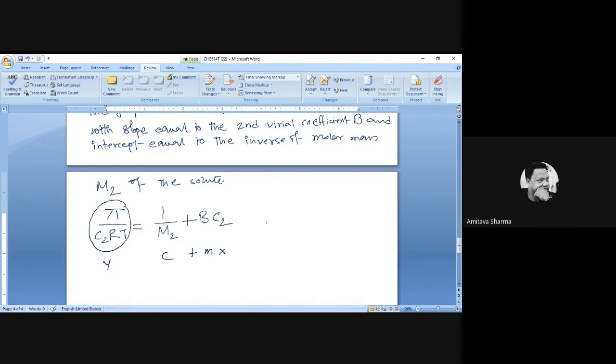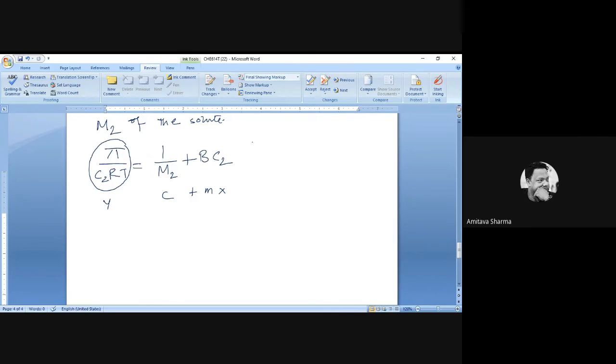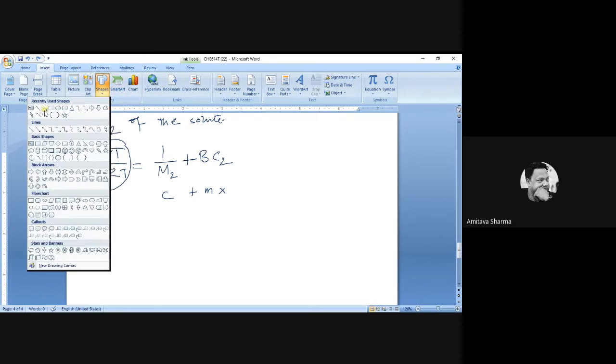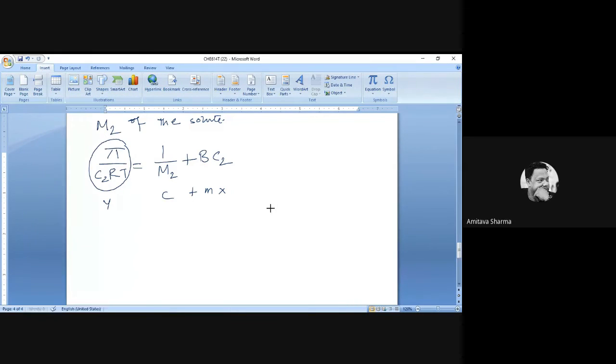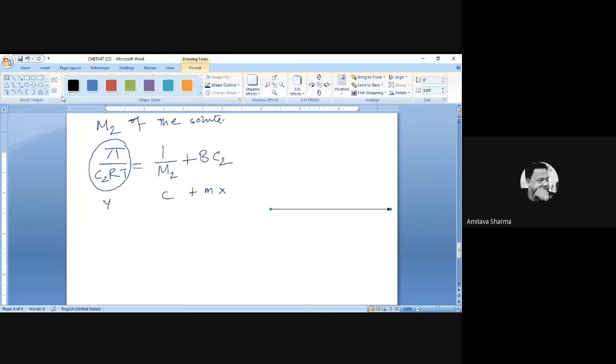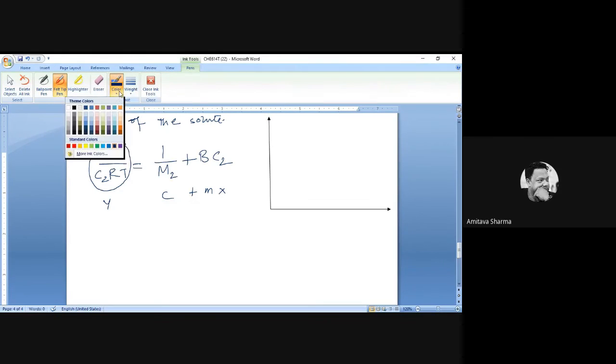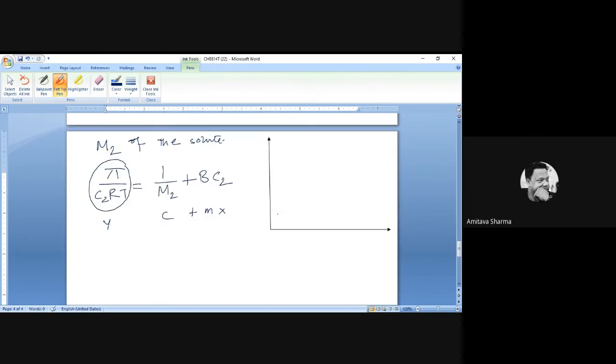So if I plot a curve, just a minute. This is the most prolific way to draw a curve. So if I draw a curve by using these parameters, then I have a straight line.